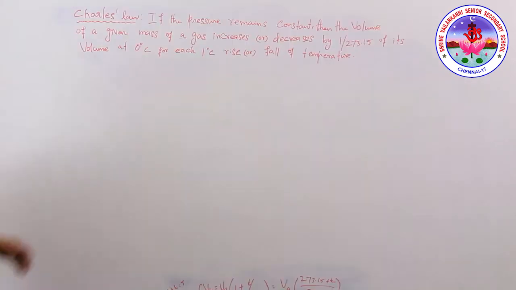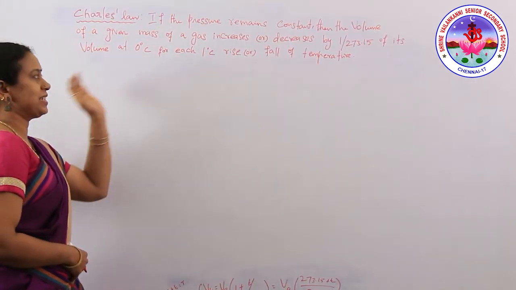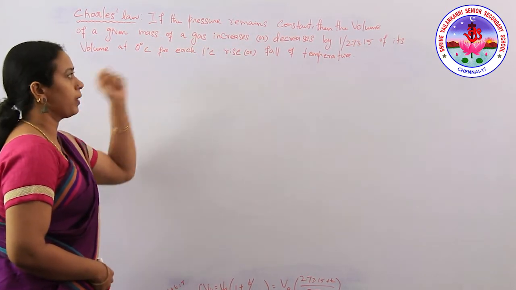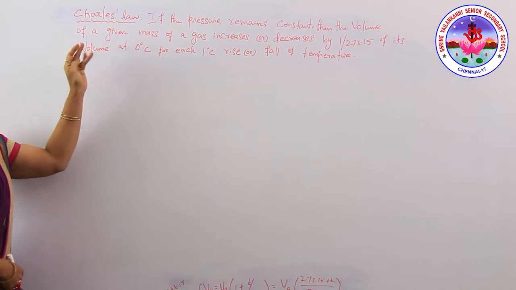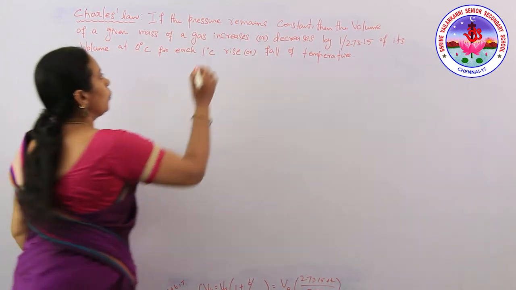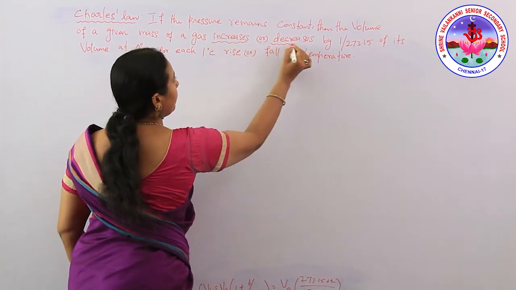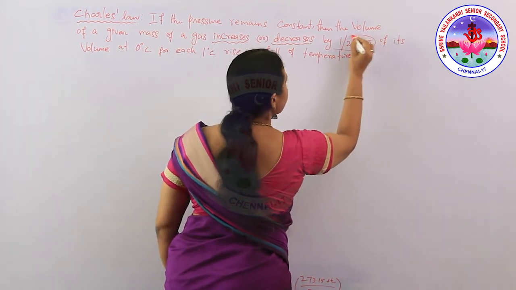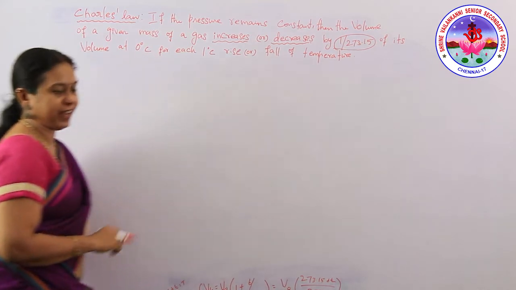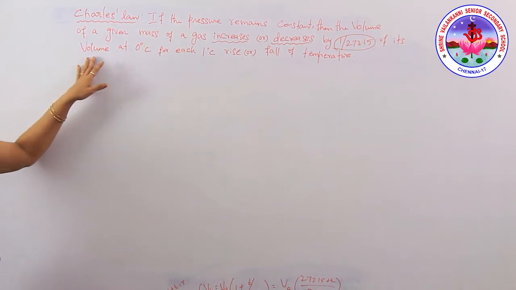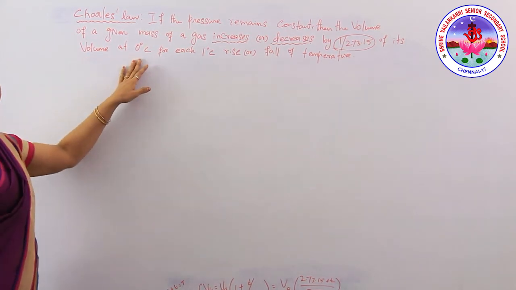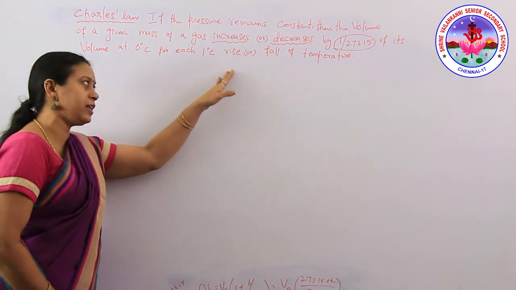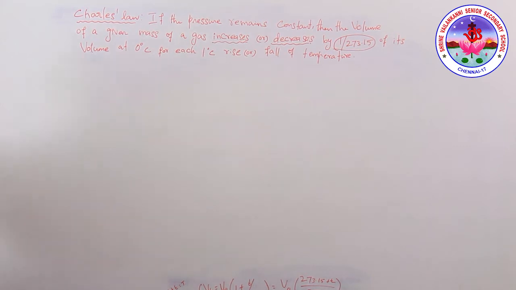Got it children? Now Charles's law states that if the pressure remains constant, then the volume of a given mass of a gas increases or decreases by 1 by 273.15 of its volume at 0 degree Celsius for each 1 degree Celsius rise or fall of temperature.